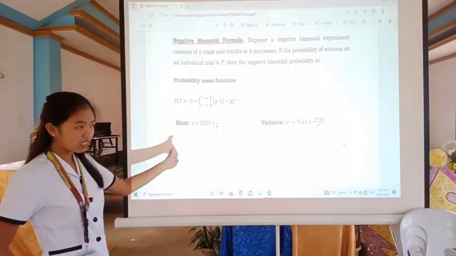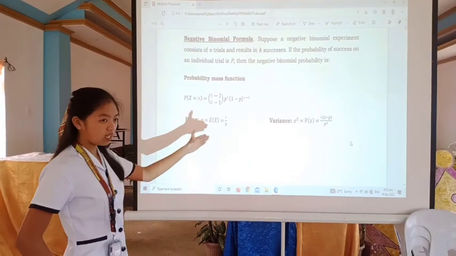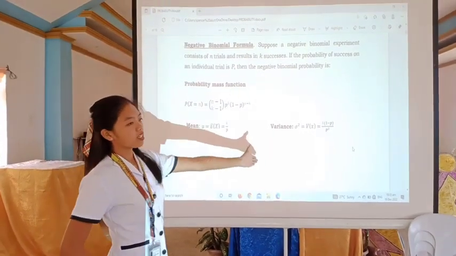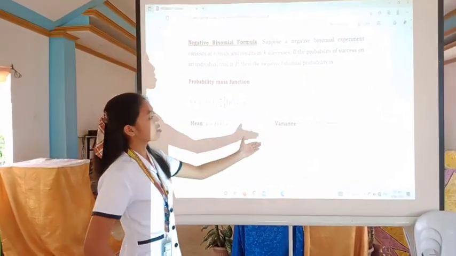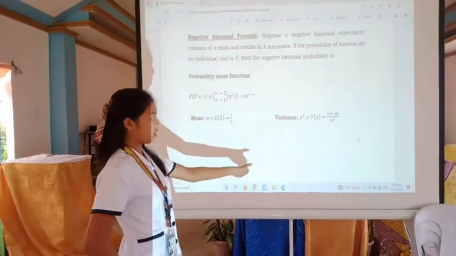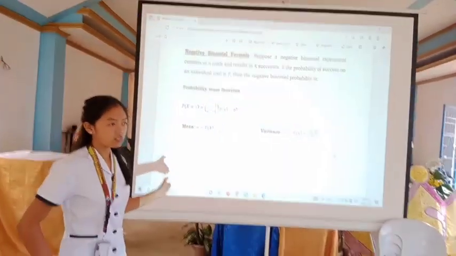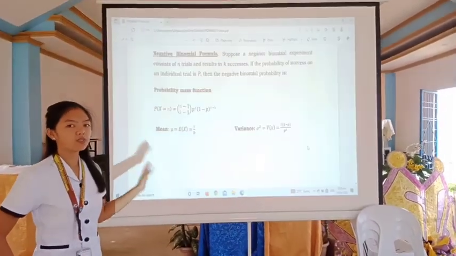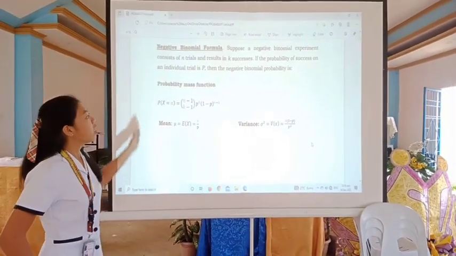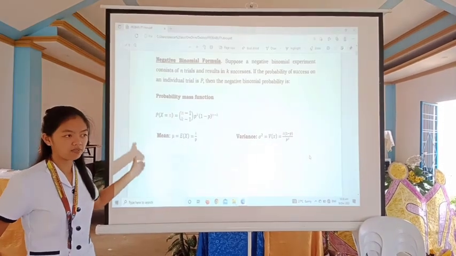In getting the mean, the expectation of X is equal to k over p. In getting the variance, the variance of X is equal to k(1 minus p) over p squared. Next, let's proceed to the different examples. We have two examples given, and we can use these very important formulas in solving the problem.